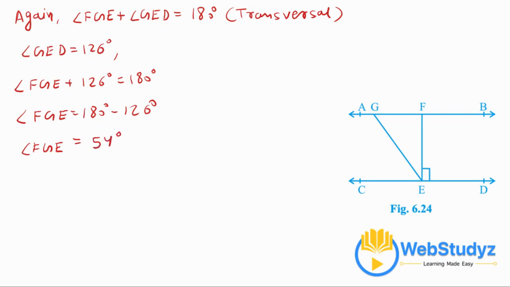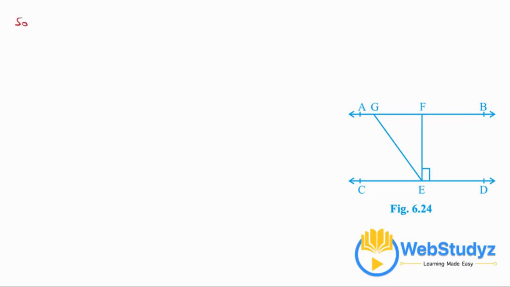So what we can say is that angle AGE, that is already calculated, is 126 degree, and angle GEF is calculated as 36 degree, and finally angle FGE is also calculated, that is 54 degree.